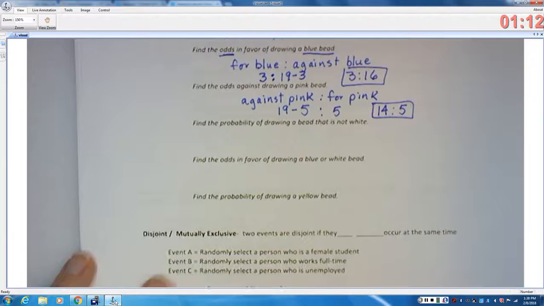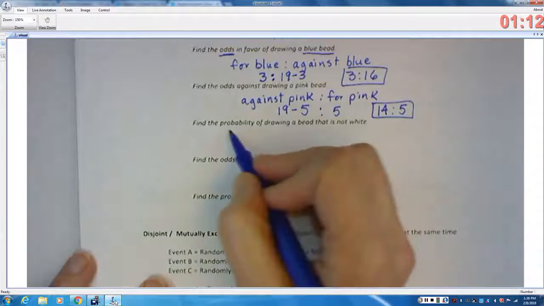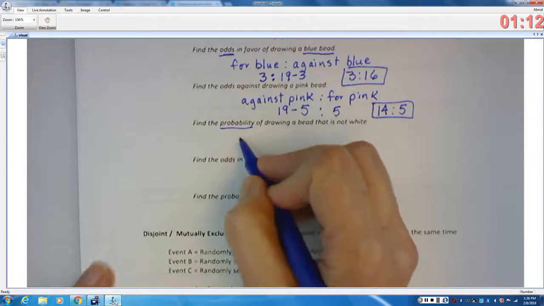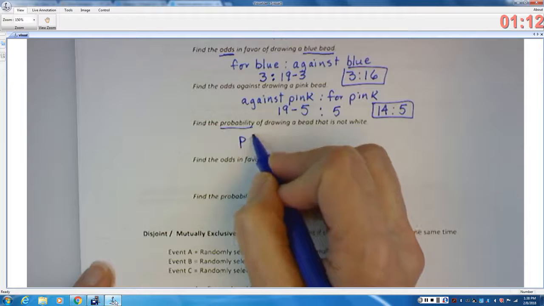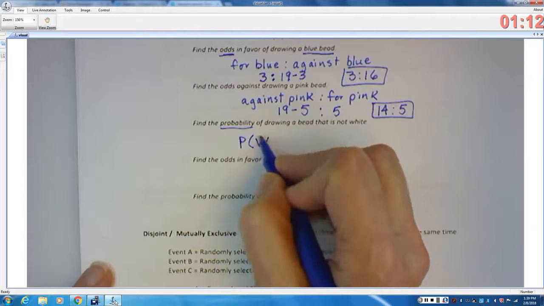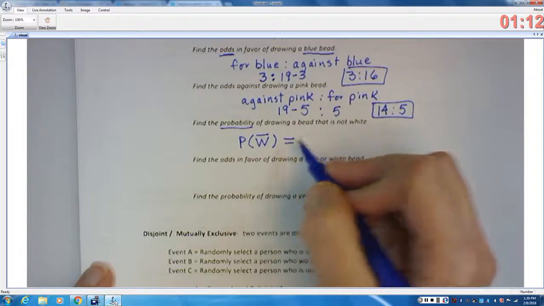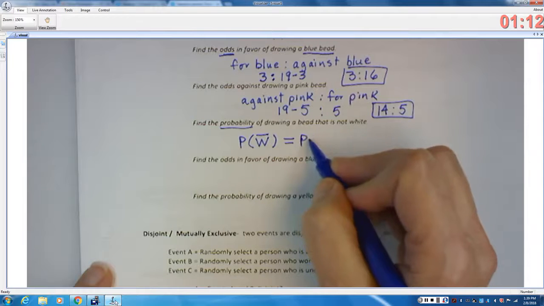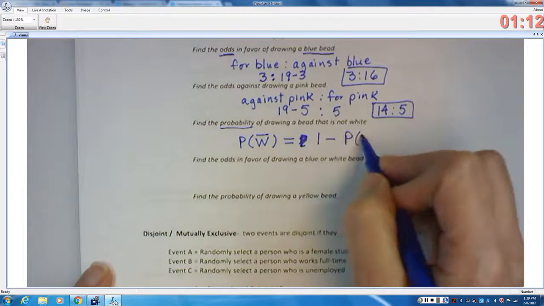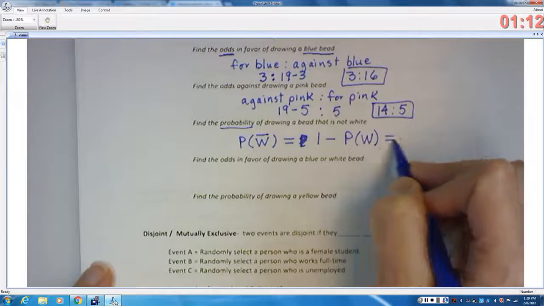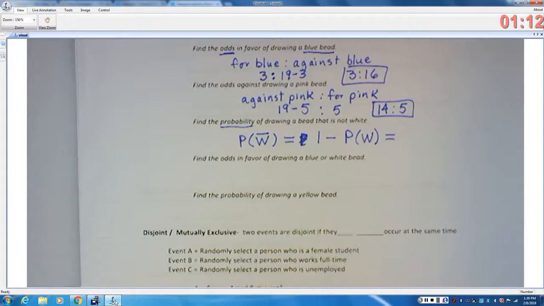Alright, find the probability. Now we want probability, so we use probability notation, not white. That's the complement of white. One way we can find that is 1 minus the probability of picking a white bead. You'll have to practice this.